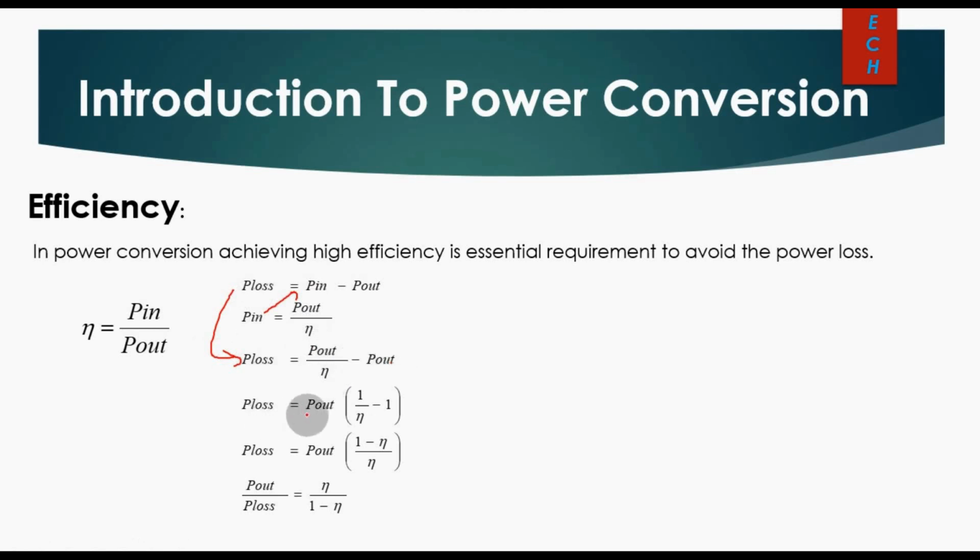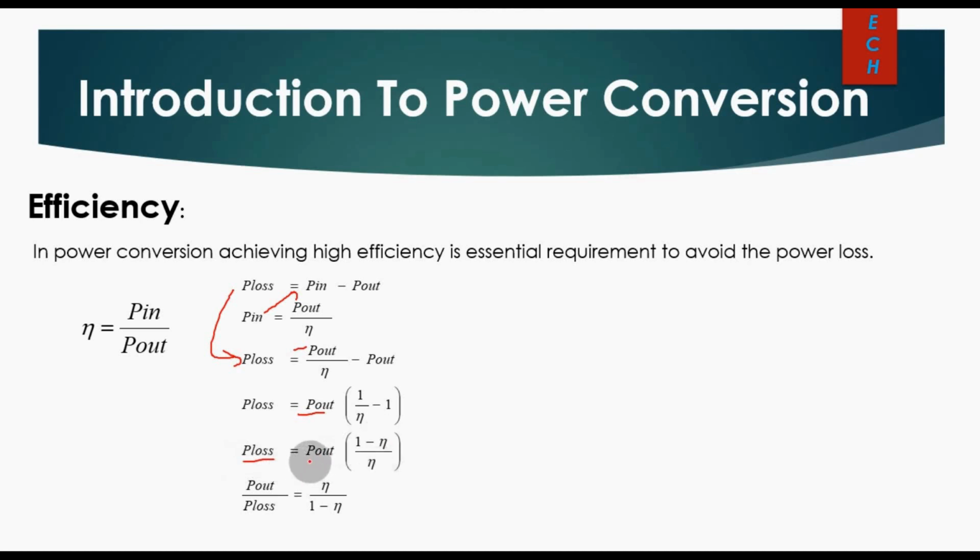So P loss equals, if you take P out common, P out into 1 divided by zeta minus 1, and if you further solve it, P loss equals P out times 1 minus zeta divided by zeta.